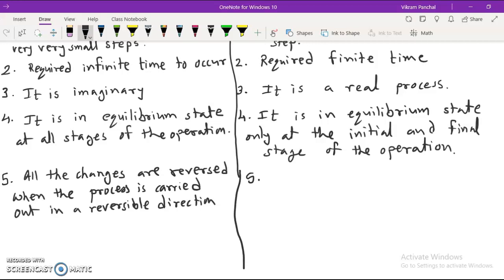Here, for irreversible process, all the changes are not reversed.